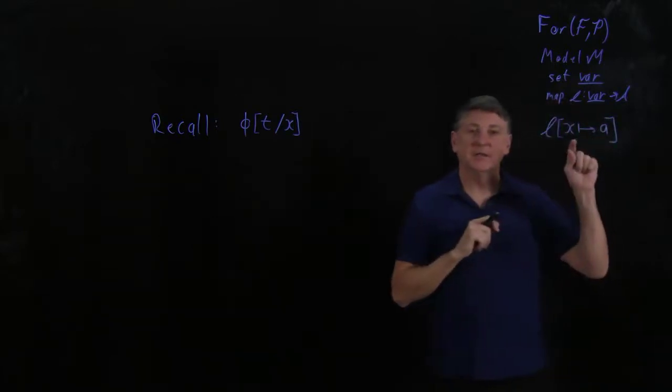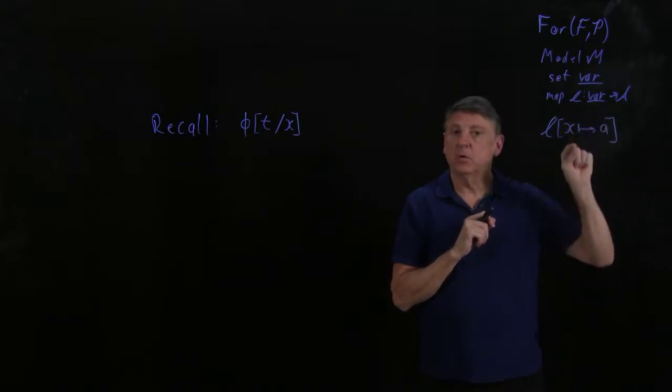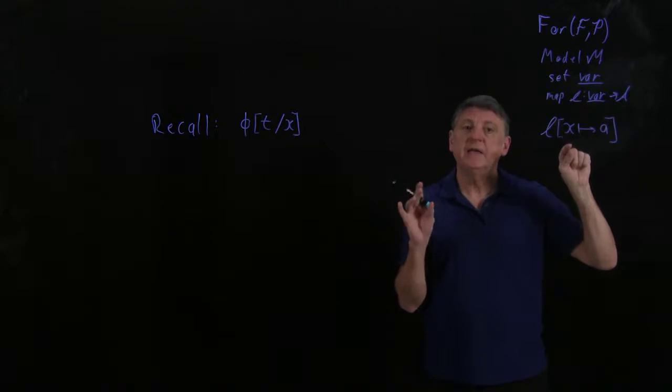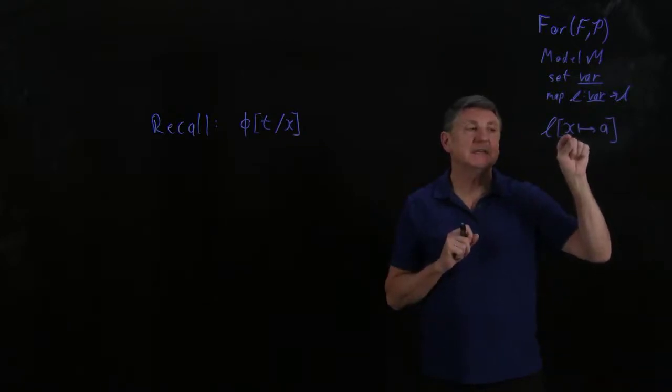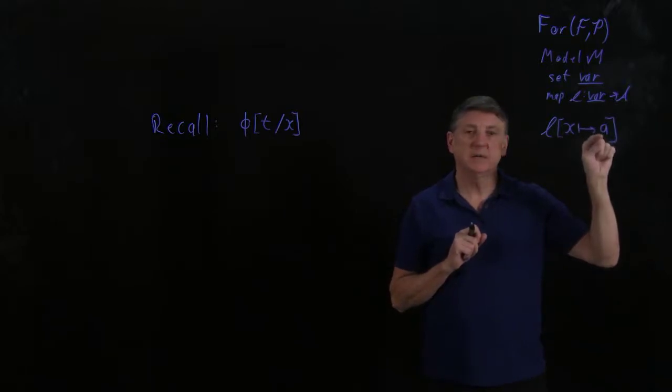And here it's possible that x is a free variable, or x might be bound within a quantifier, and it won't matter. Every time we see an x, we'll replace it with a concrete element a.